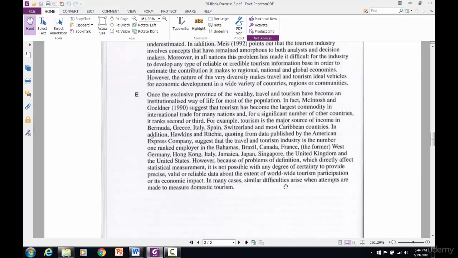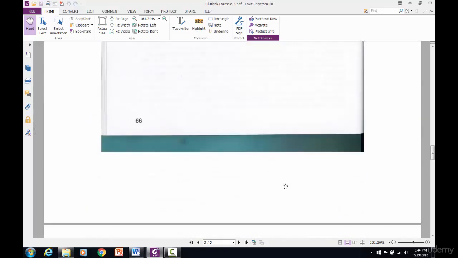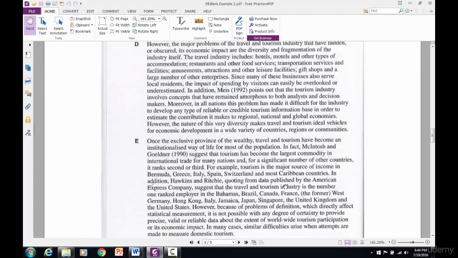So we're looking for language connected to major. Here it says number 1 ranked employer. The language number 1 ranked is a synonym for saying major. So our answer is employer.